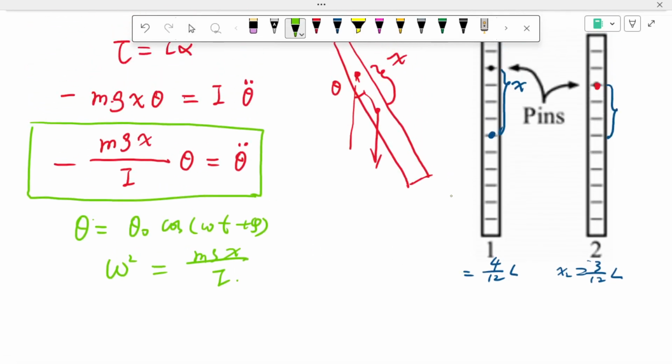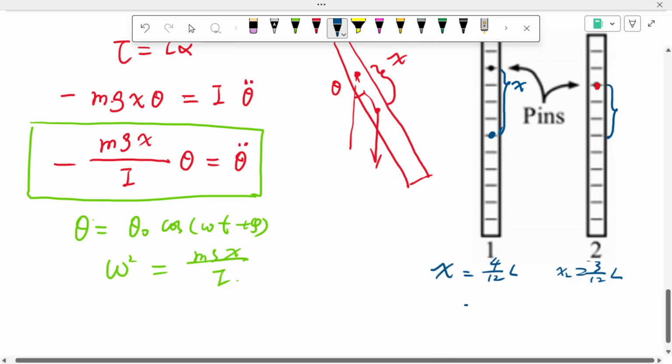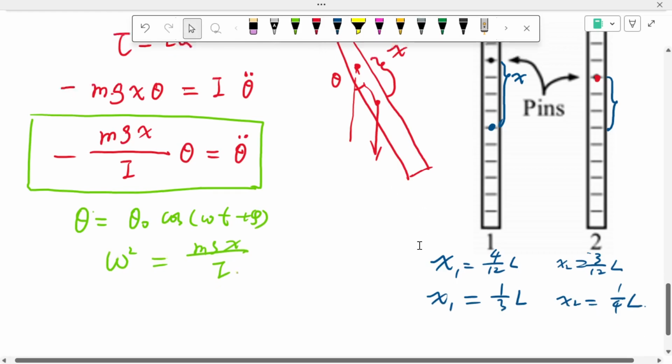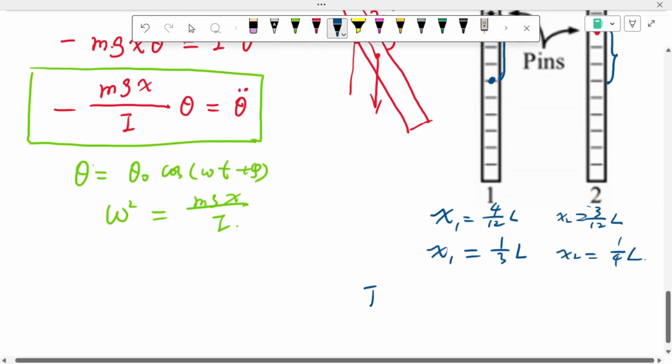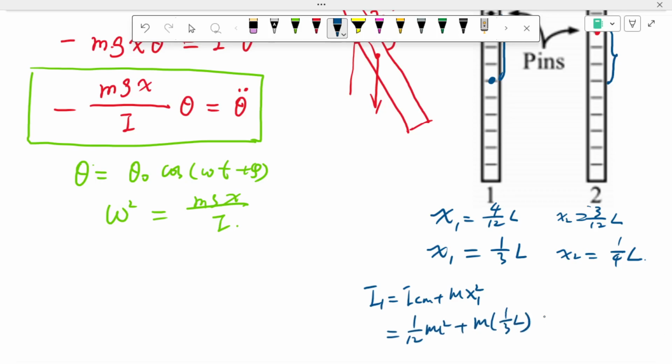For stick 1, x1 equals one third L, right? And x2 equals one fourth L. So I1 equals I center of mass plus m x squared, right? Which is 1 over 12 ml squared plus m times 1 over 3 L squared.